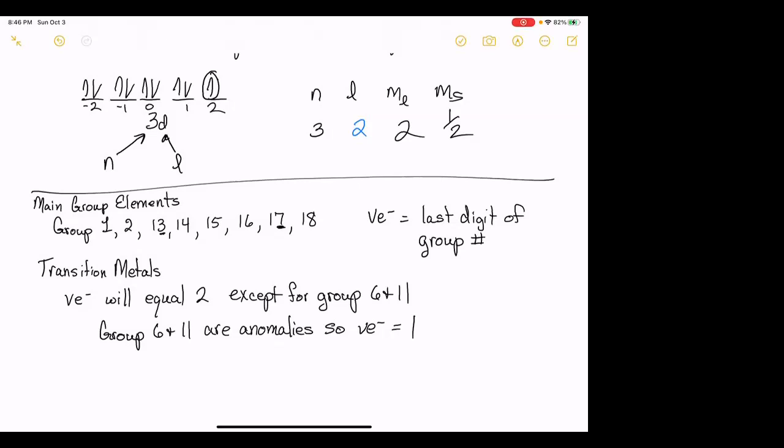But in an anomaly, there's only 1 valence electron in the S. Did that answer your question, Madeline? If it's not valence, it's core.